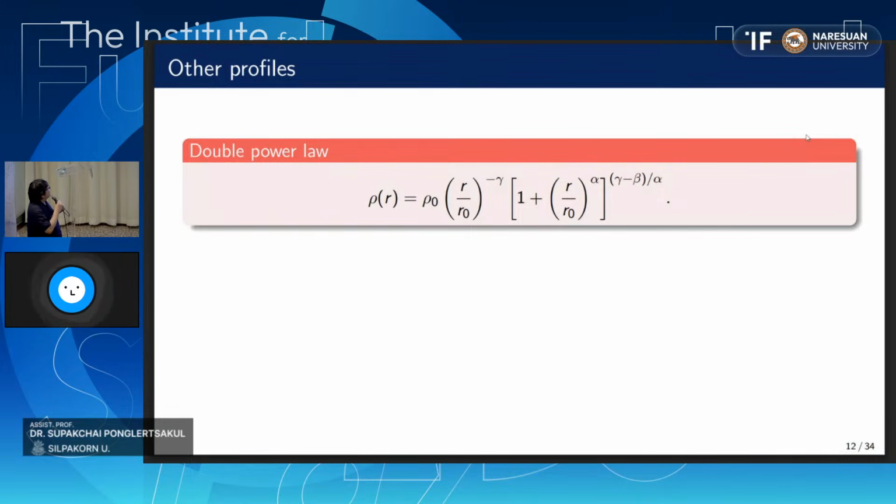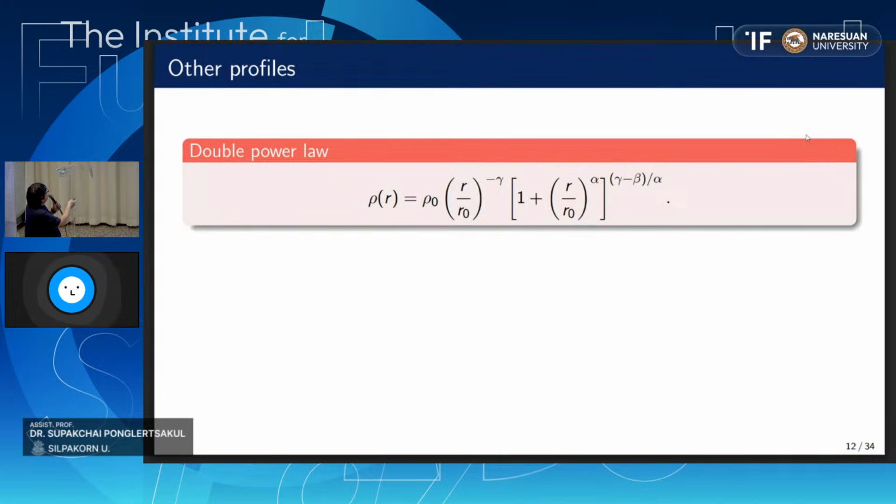And this is the profile that I'm going to consider. It's a very generic, general profile. The ρ0 is the density at the center, and R0 is just the length scale of the dark matter halo. And there are also three more parameters: alpha, beta, and gamma.